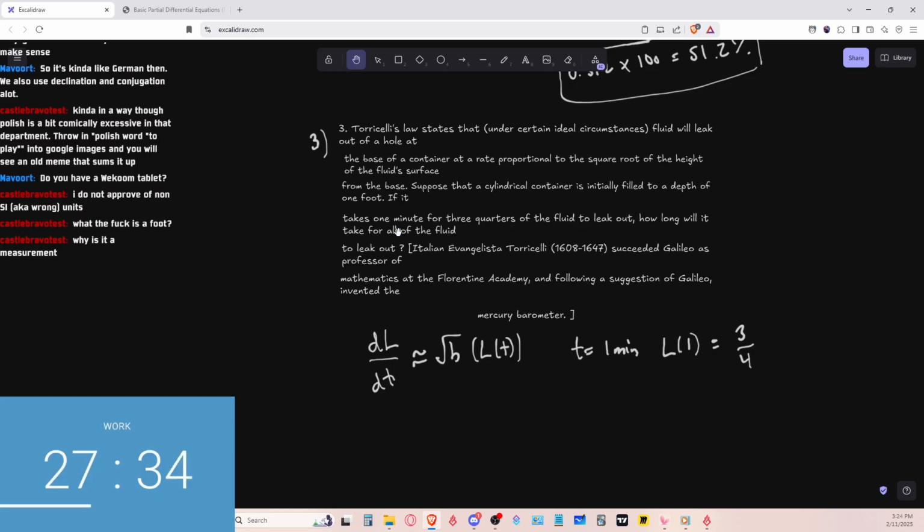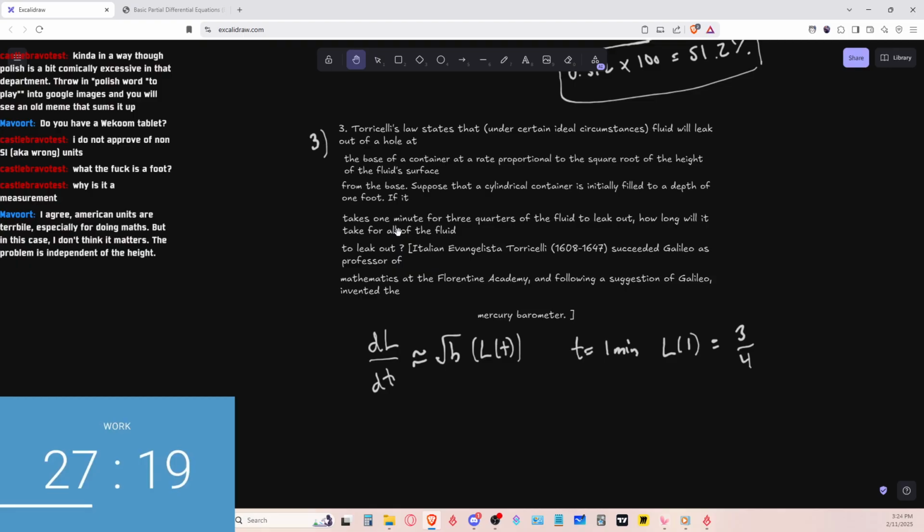Why is it a measurement? I don't know. It's the old imperial system. Because like an inch is like 2 point something. I don't think it's 2.5. I think it's 2.3. 2.3 centimeters. Yeah, American units are terrible.